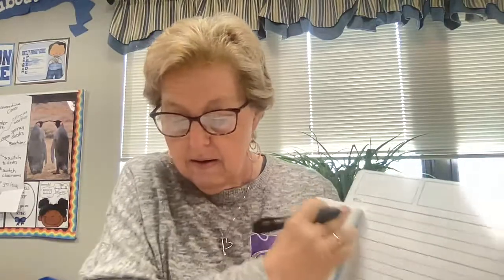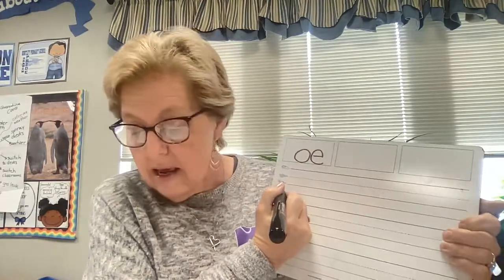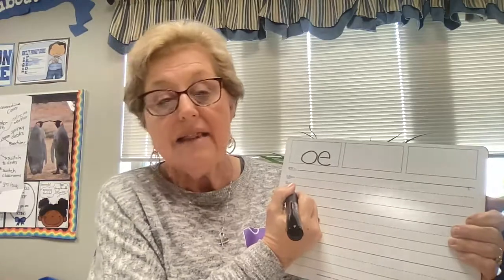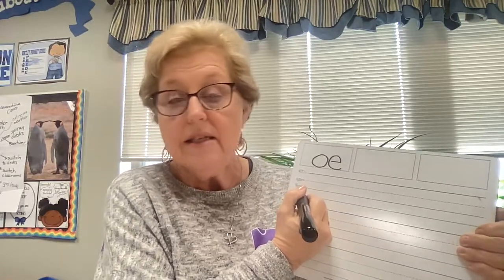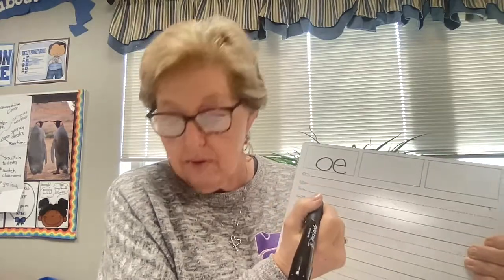All right, so let's begin doing some work on our words. New slide. Okay, there are three different spellings, as we noticed, that we're going to be working on today. At the top of your slide, write O-E. Now, O-E is always used at the end of a word. It's never used in the middle of a word or end of a syllable.